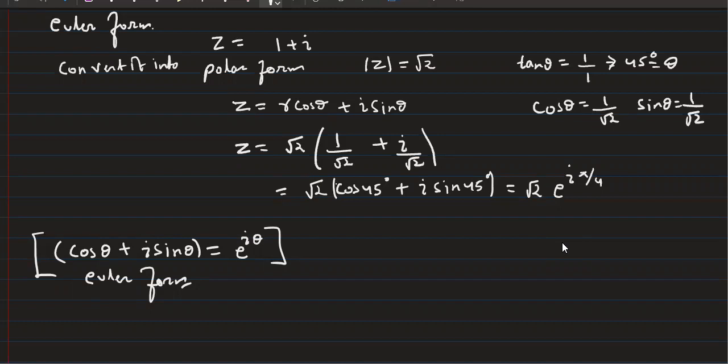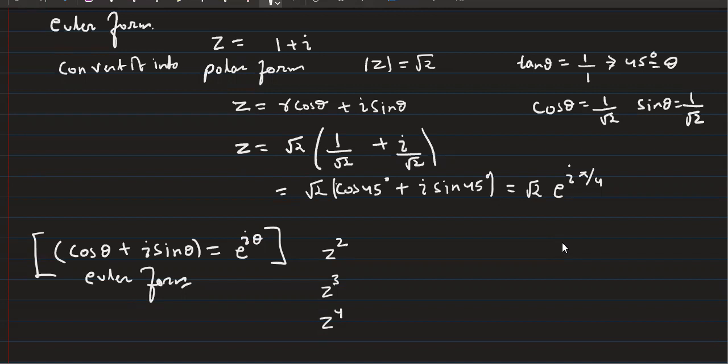Same, I have z is equal to 1 plus i. Find z square. Still easy, you can just multiply this with this. What about z cube? Still you can find. What about z power 4 or z power 5? You can't keep on multiplying these.